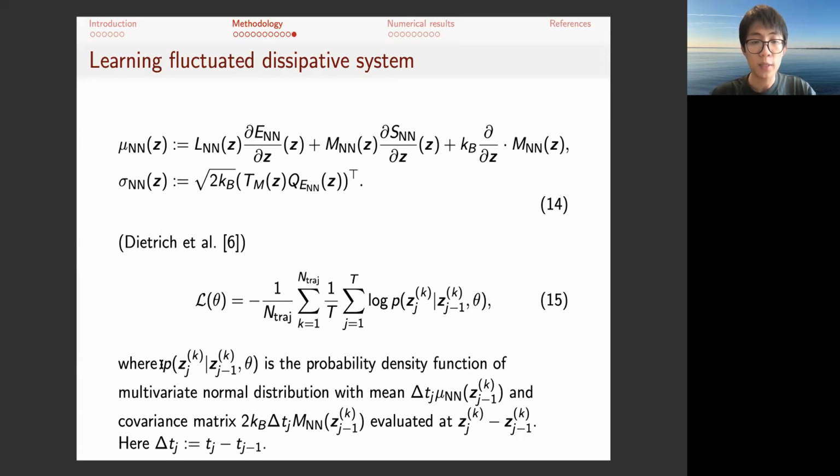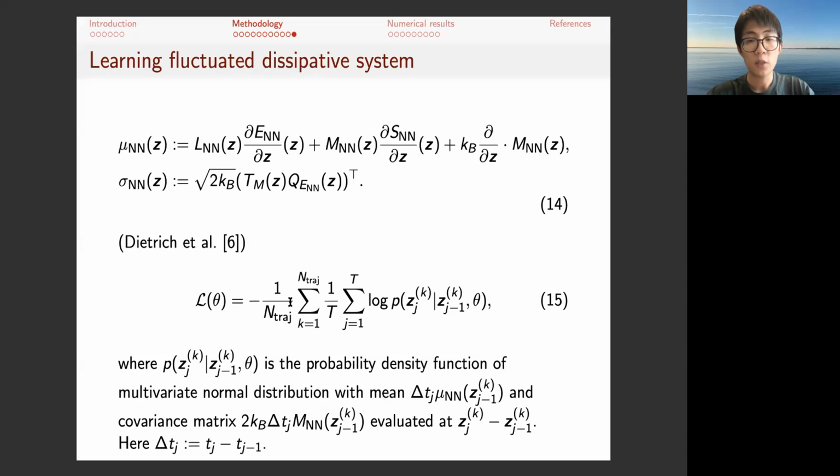Through that we get that this p(z_j^k given d_{j-1}^k) will be the density function of a multivariate normal distribution with the mean delta t_j mu_NN and the covariance matrix 2 k_B delta t_j M_NN.